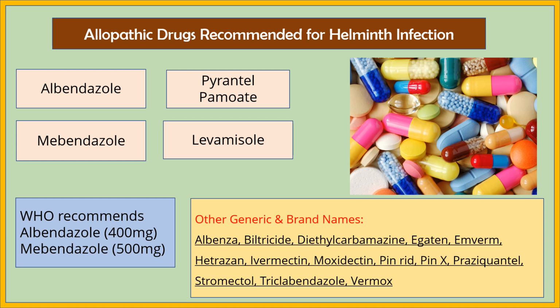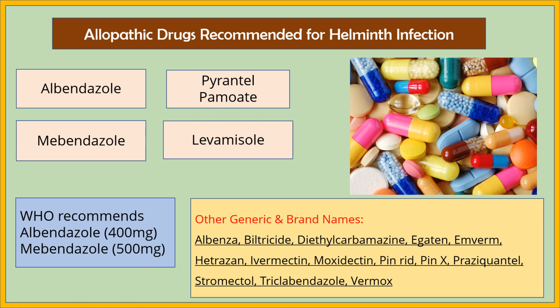So there are many drugs recommended for helminth infection. So what are the antibiotics that can be taken for such infection? This is albendazole, pyrantel pamoate, mebendazole, and levamisole. But WHO recommends albendazole 400 milligram, and mebendazole 500 milligram.